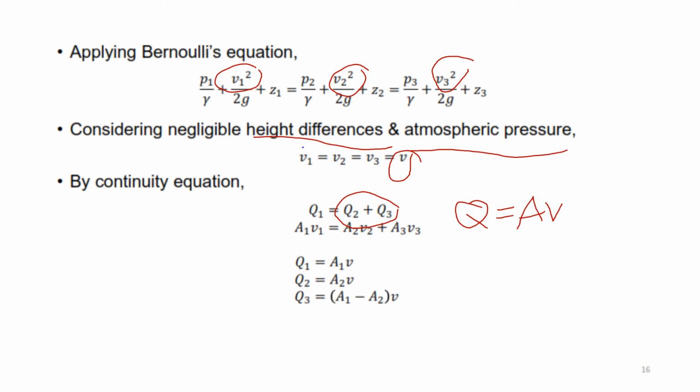Okay, and then for Q1 we have A1V, because we already consider the V is constant, so just write the V. For Q2 the same, A2 times V. Okay, for Q3 the difference is on the area, so we need to take area 1 minus area 2.